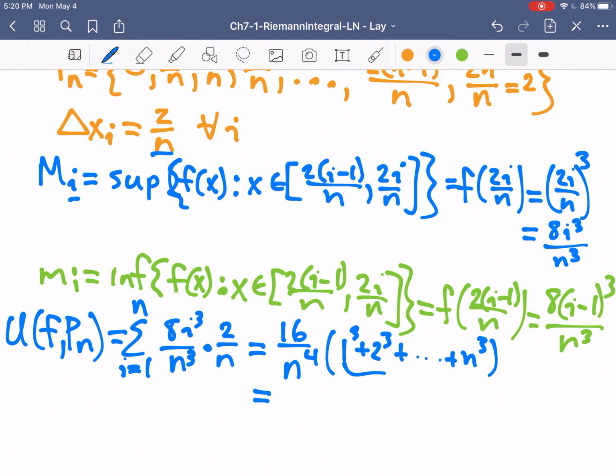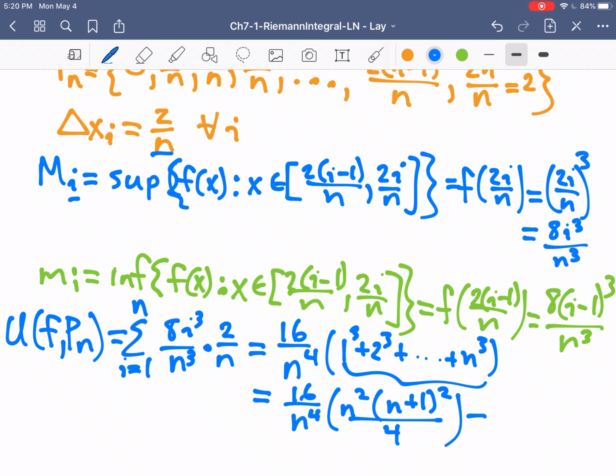And then there is a formula that says the sum of that I cubed from I equals 1 to n is n squared times n plus 1 squared all over 4. And so we get 4 times n plus 1 squared over n squared as our upper sum.